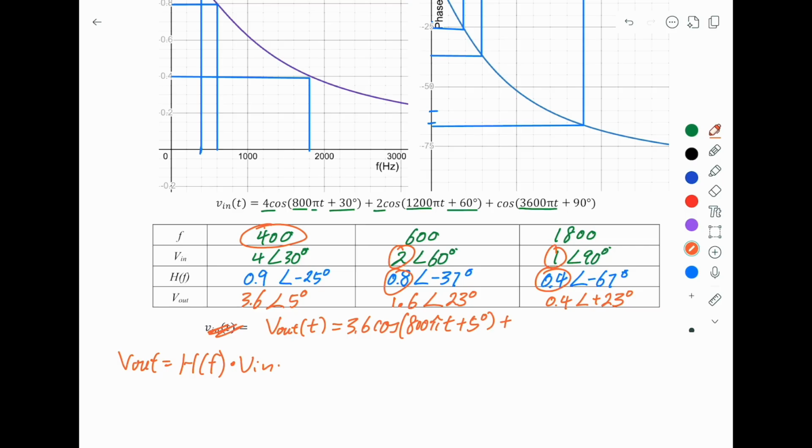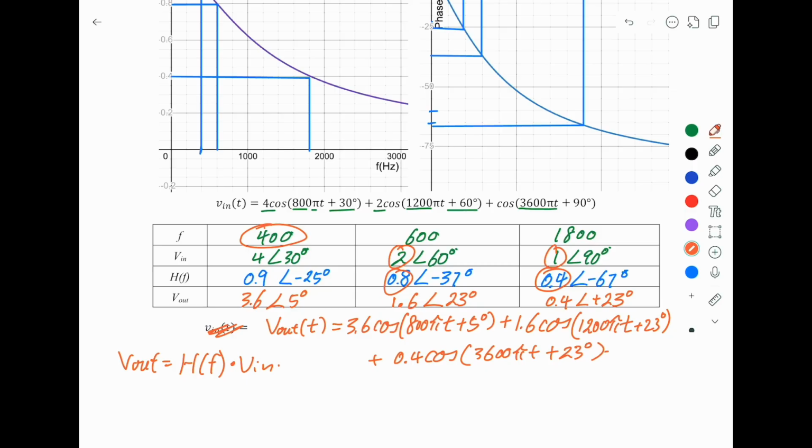The second term 1.6 cosine 1200 pi t plus 23 degree, and the third term plus 0.4 cosine 3600 pi t plus 23 degree.